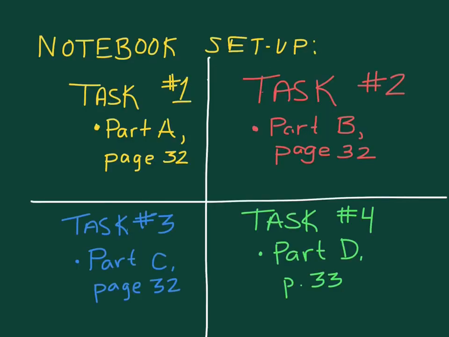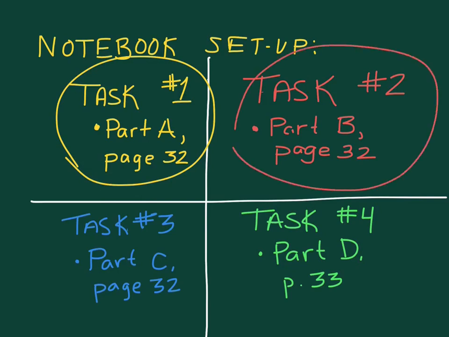So go ahead and divide up your notebook into 4 sections. In the first section, you're going to write task number 1, part A, page 32. In the second section, you're going to write task number 2, part B, page 32.